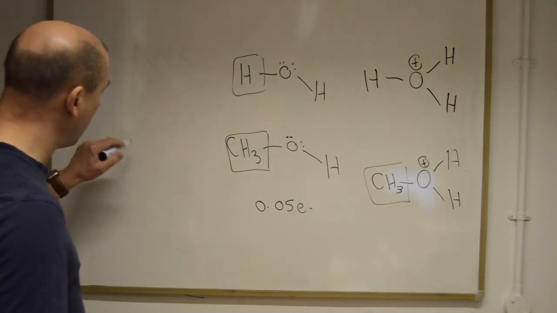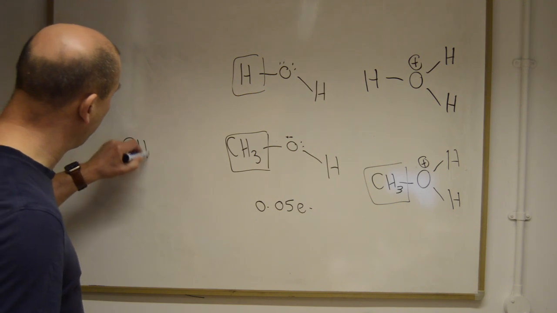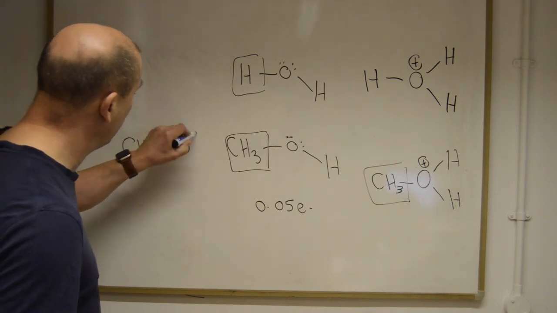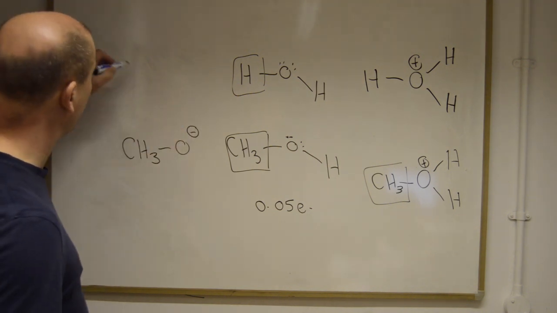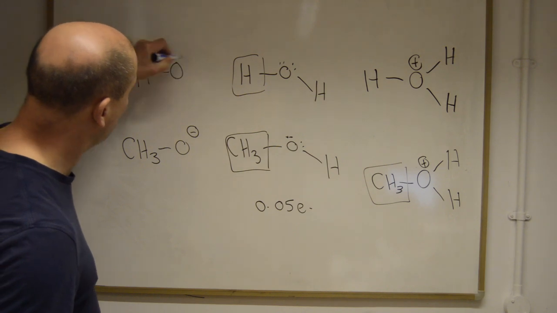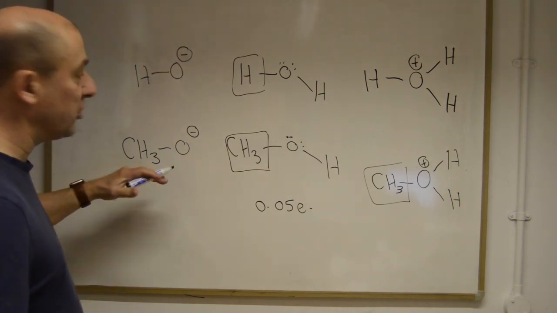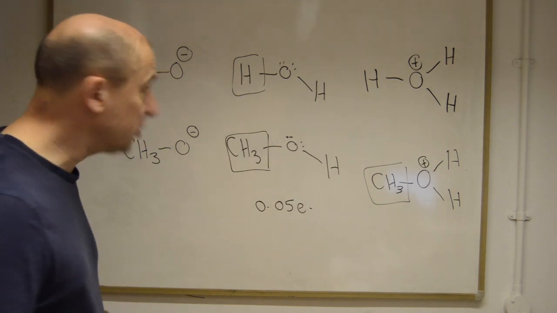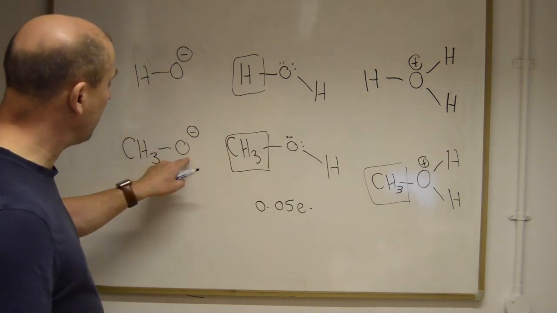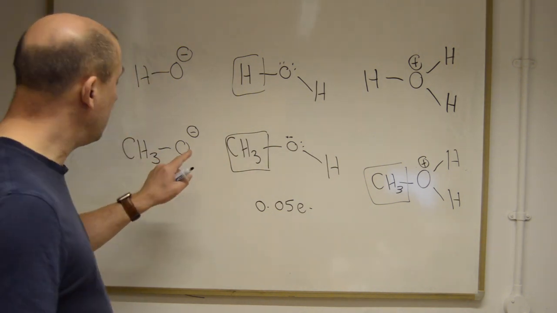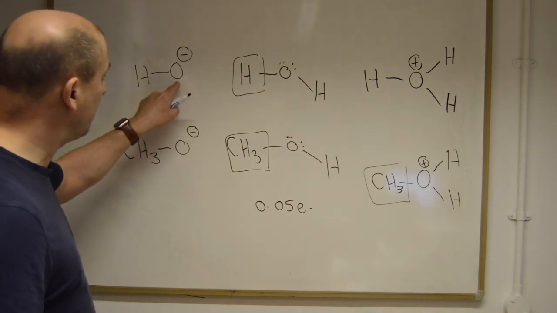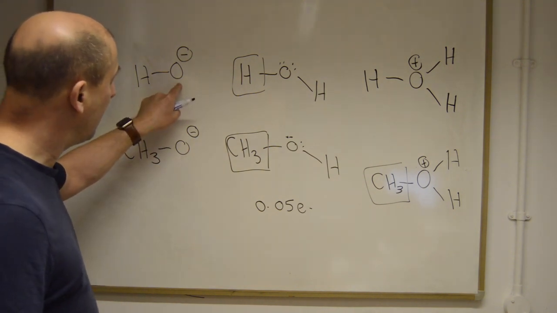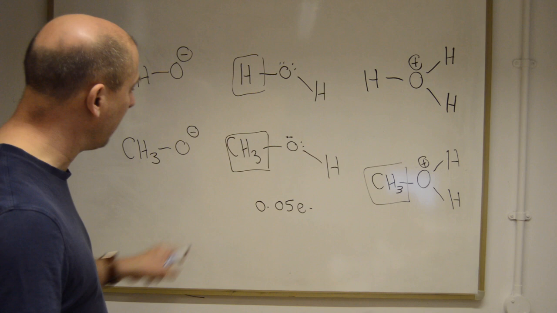Let me add some more structures over here on the left, and what we're going to do now is deprotonate. So we're looking at hydroxide versus methoxide, and in this case the amount of negative charge on the oxygen is lower here than it is here, and it's a bigger effect than we see here.